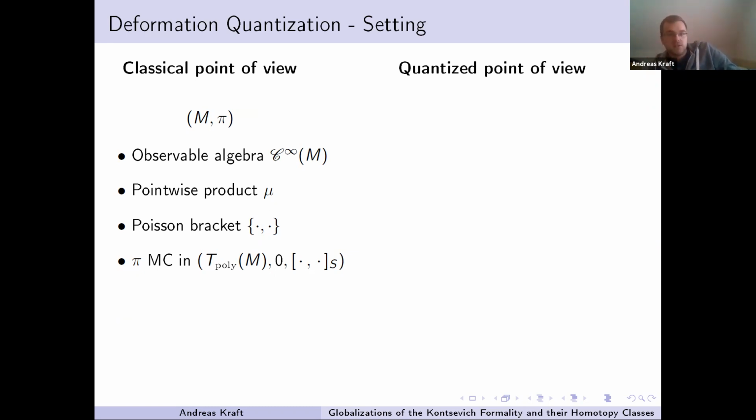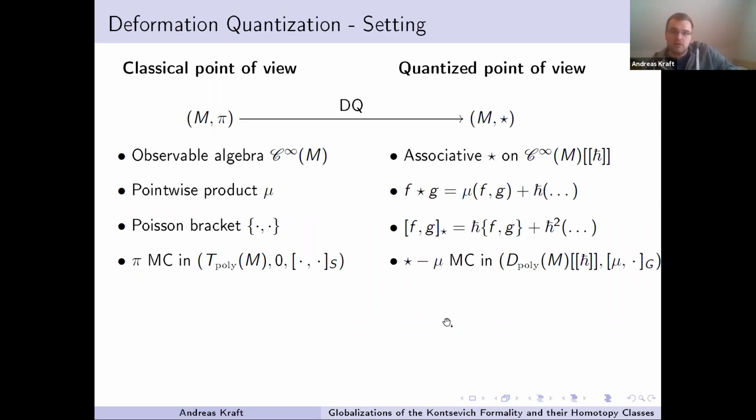And the whole idea of deformation quantization, or of formal deformation quantization, is that one wants to get the quantum observable algebra as a formal deformation of this classical one. So the structure one is interested in is this star product, which is a bidifferential associative product on the formal power series of functions here, where h bar is just some formal parameter.